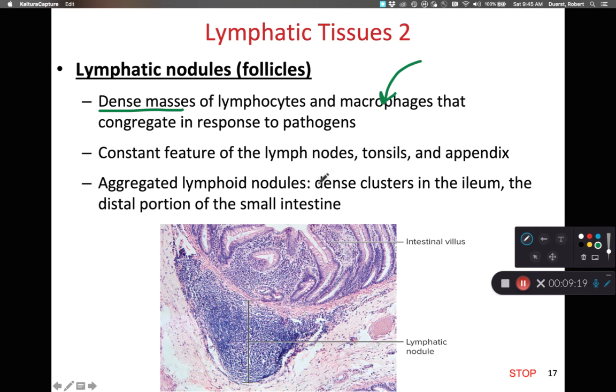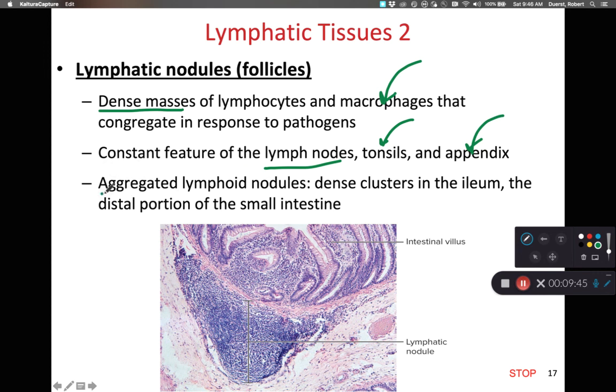And because pathogens are preferentially filtered out of lymphatic fluid within our lymph nodes, we're going to have lots of lymphocytes and macrophages within our lymph nodes. Our tonsils and our appendix also have high concentrations of lymphocytes and monocytes, because these particular structures are going to constantly be exposed to high concentrations of pathogens.